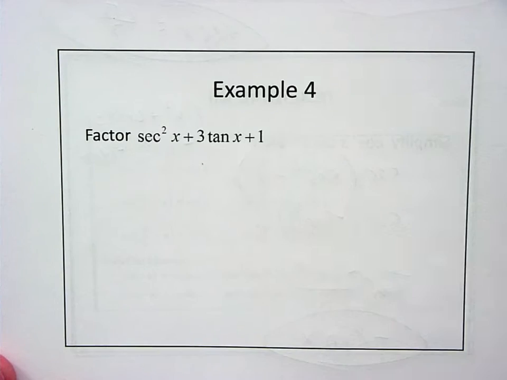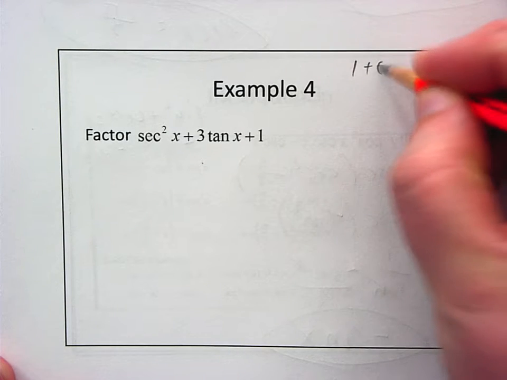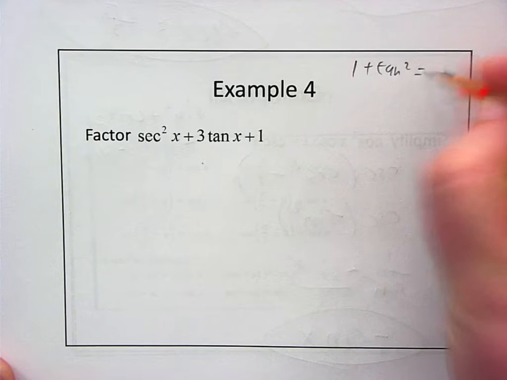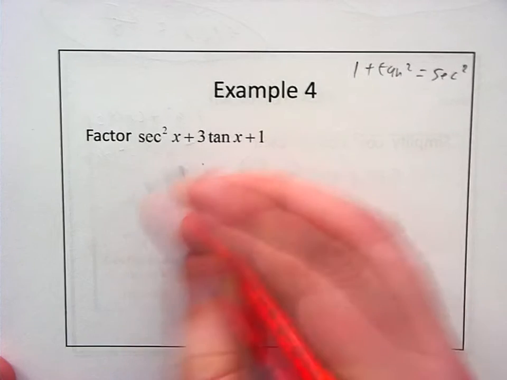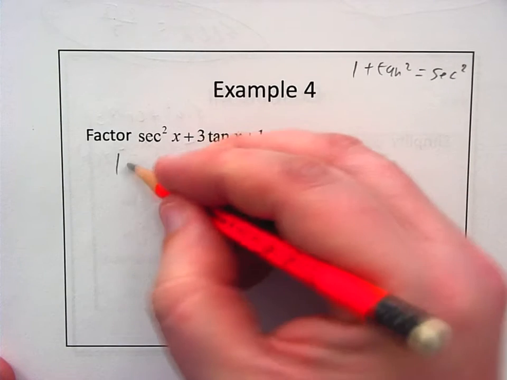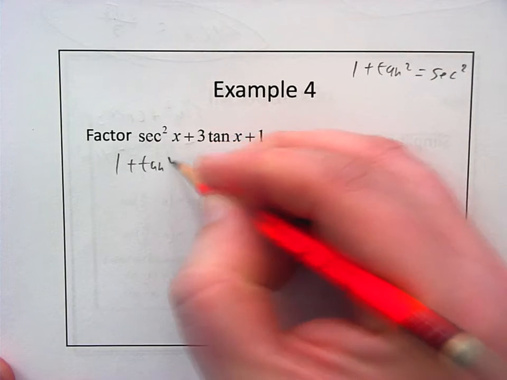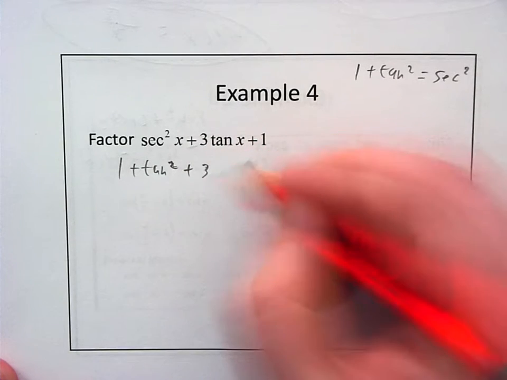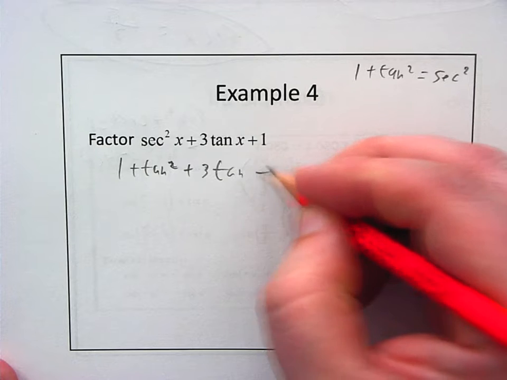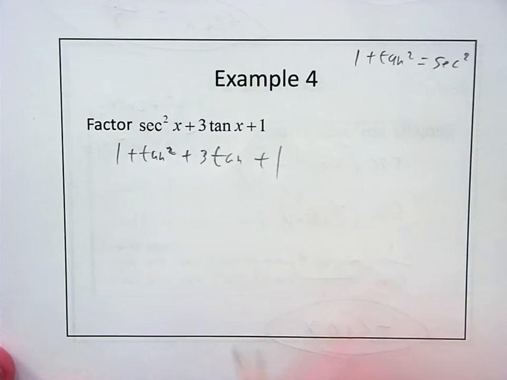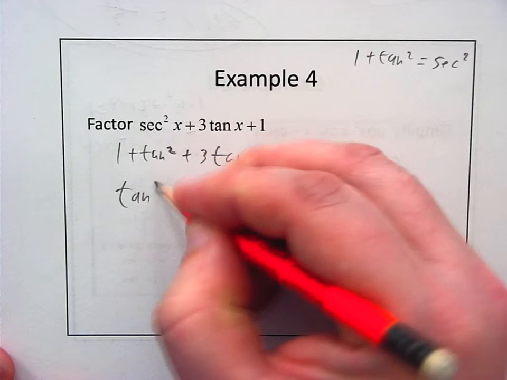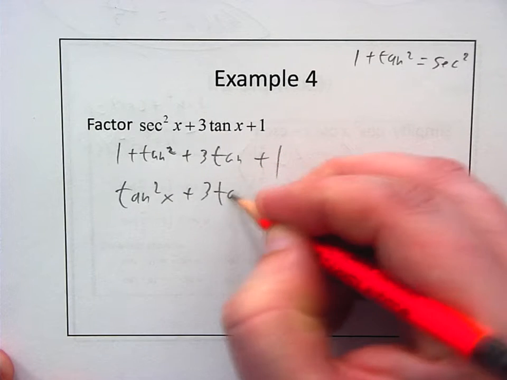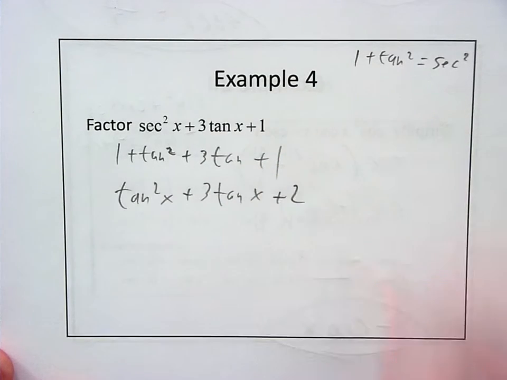Right, 1 plus tangent squared is equal to secant squared. So I can take out secant squared and replace it with 1 plus tangent squared plus 3 times tangent plus 1. Simplify it out a little bit. I have tangent squared plus 3 tangent plus 2.